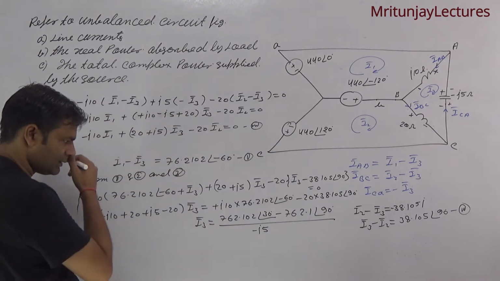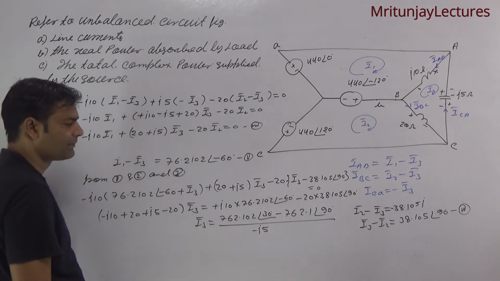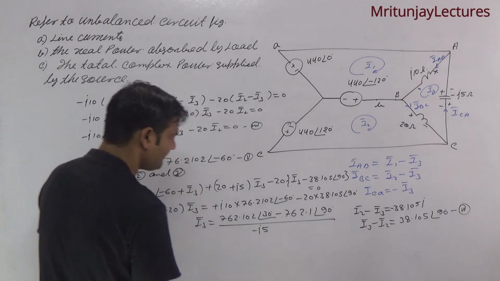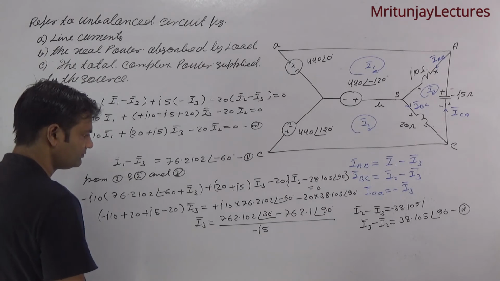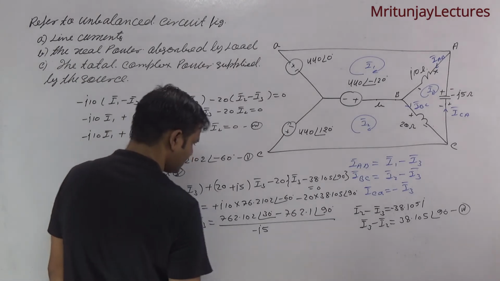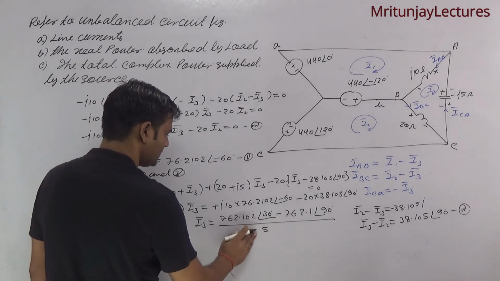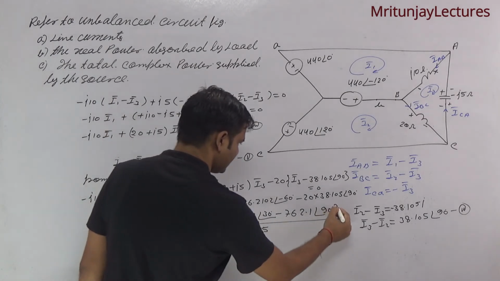Okay, so clear? After that, if multiplied by minus J, or you can say if J goes to the upper side, that is plus 90.